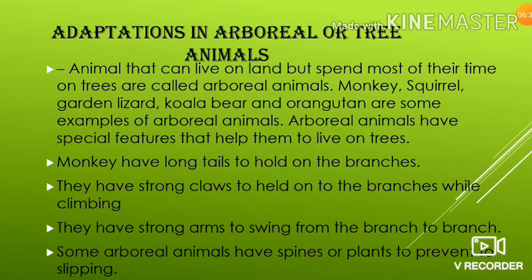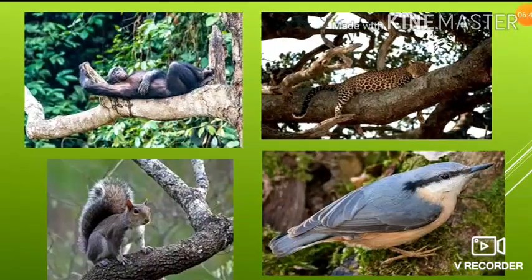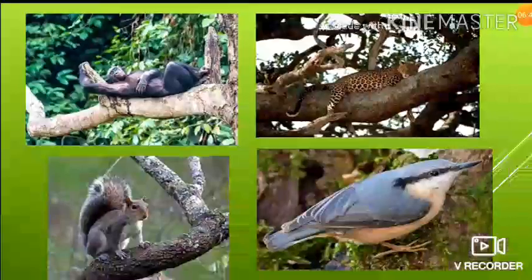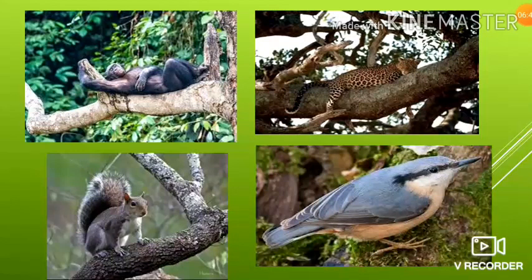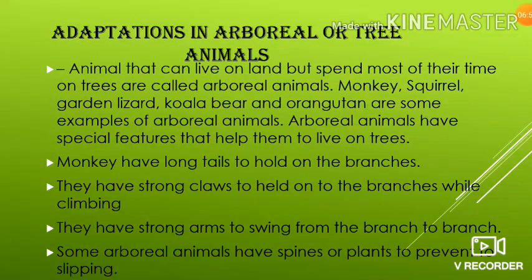Monkeys have long tails to hold on to the branches, and they have strong claws to hold onto the branches while climbing, and they have strong arms to swing from branch to branch. And some arboreal animals have spines or plates to prevent slipping.